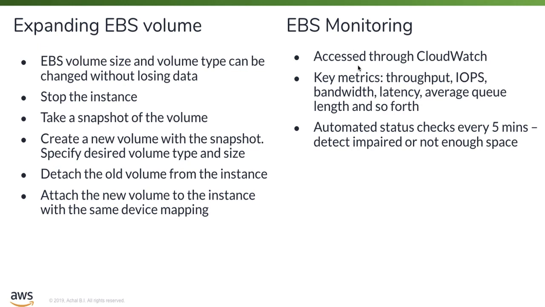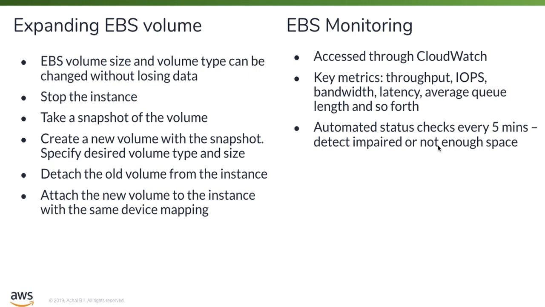With EBS, you can have monitoring, which can be accessed through CloudWatch. Key metrics are throughput, IOPS, the bandwidth that is used, latency, and so forth. You can also have automated system checks every 5 minutes, which can detect impairment of the device or not enough storage.